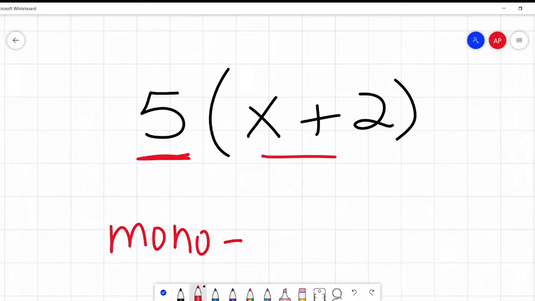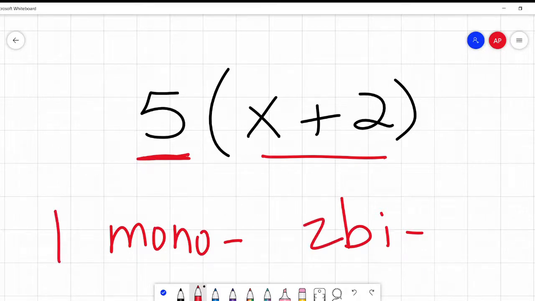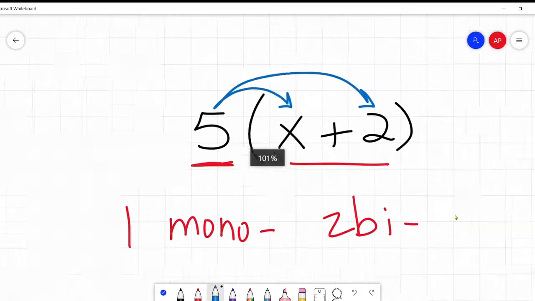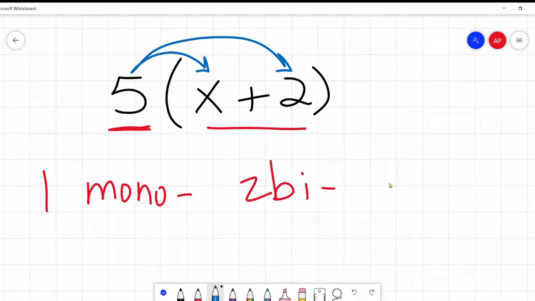And this is a binomial, prefix meaning two. 1, 2. I know we're using a lot of terms, but these are the terms you're going to see in your math book, so I want you to be familiar with them.